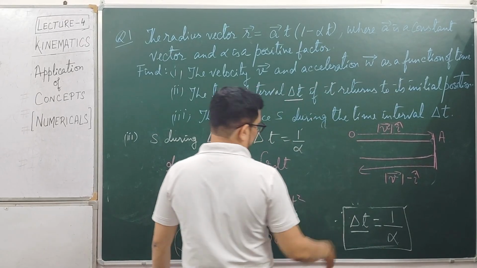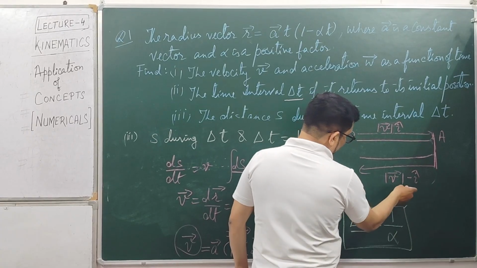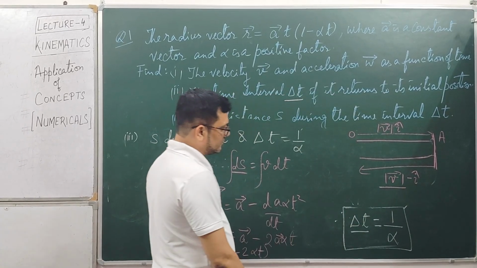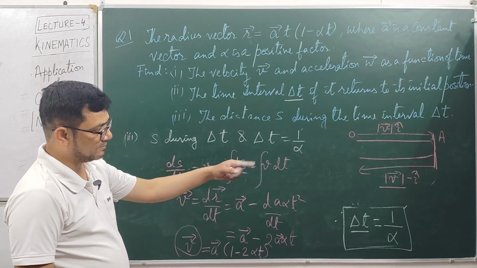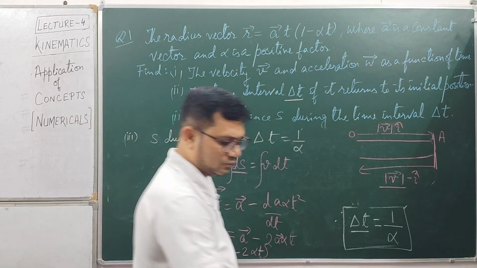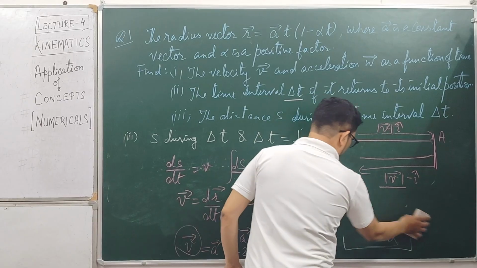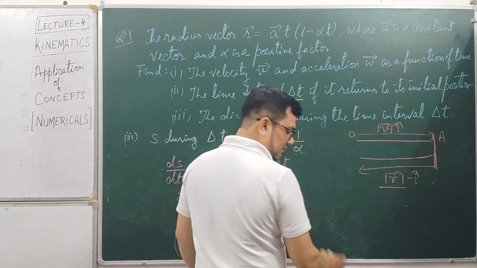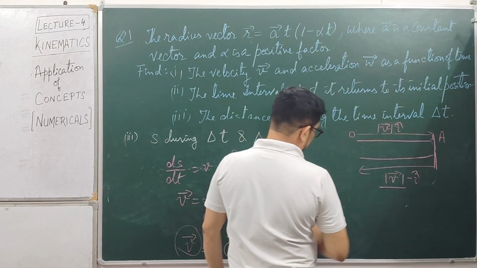It's a symmetrical journey. So if it is going this way and returning the other way, the velocity, the magnitude is going to be negative, right? As per the sign convention, it's going to be minus i cap on its return. So if we want to write it for this time interval that we got, for half of the time it is positive, for half of the time it is negative.